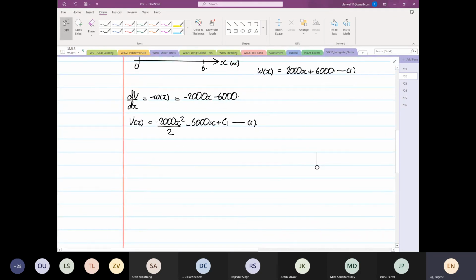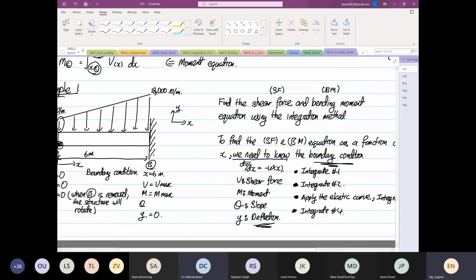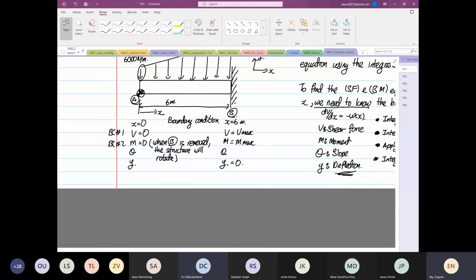So from here, based on a boundary condition, we know that when x is equal to 0, v is also equal to 0. Okay, so let me quickly refresh in our diagram. That's where I'm showing the boundary condition.